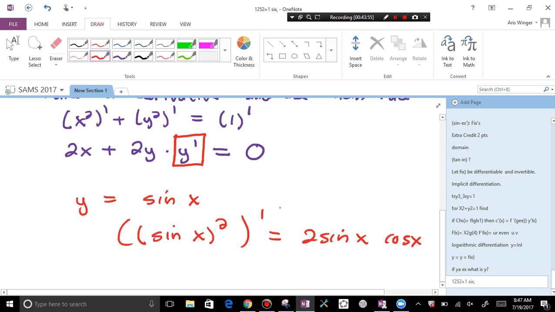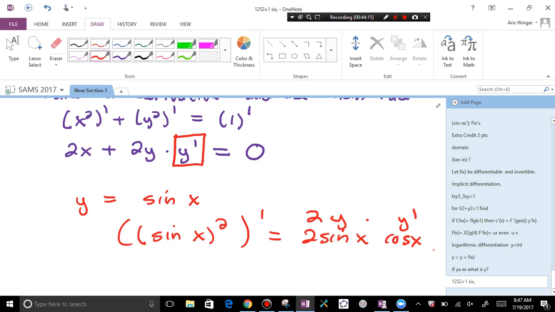What you just did was you took 2y times y prime. Now it just so happens that I don't know what y is. But I know it's some function of x. And if it's any function of x, then I need to do 2 times y times its derivative.